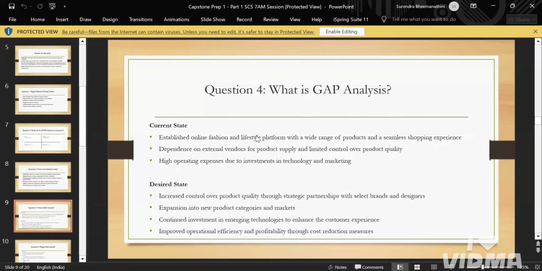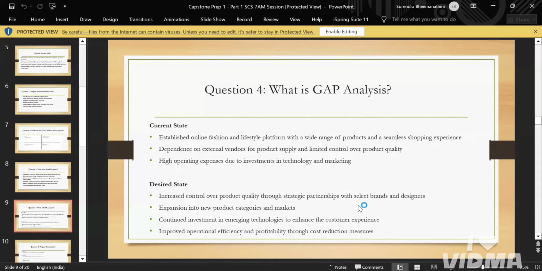The desired state is what we are achieving: increased control over product quality through strategic partnership with select brands and designers, and expansion into new product categories and markets. So these are the current problems and what we need to do to move from the current state to the desired state.